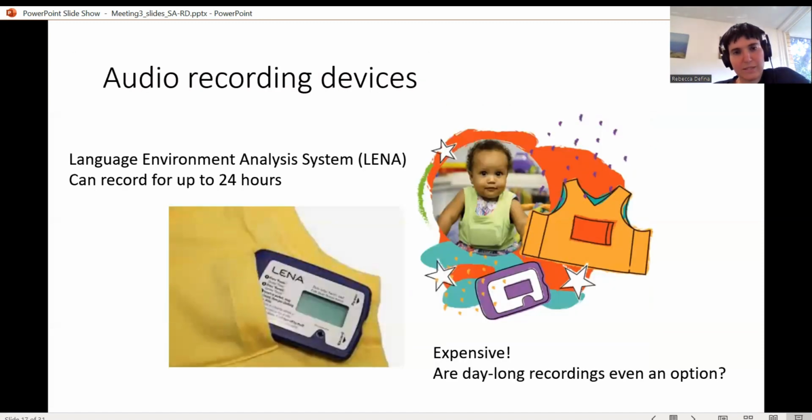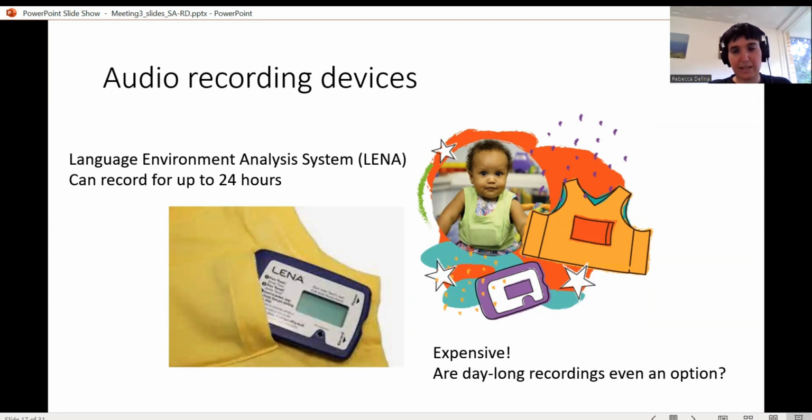So some ways you can do that. You've probably heard of LENA. These are fantastic devices that can record for up to 24 hours and come with a lot of pre-processing and a lot of excellent tools which can be used for analyzing the data.